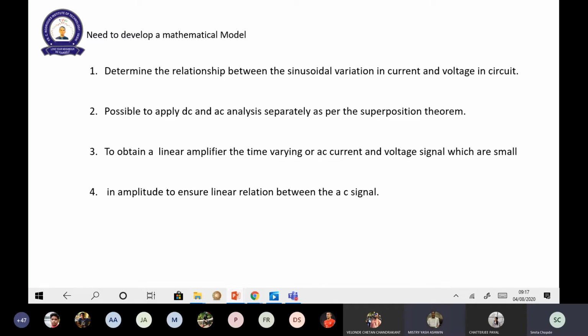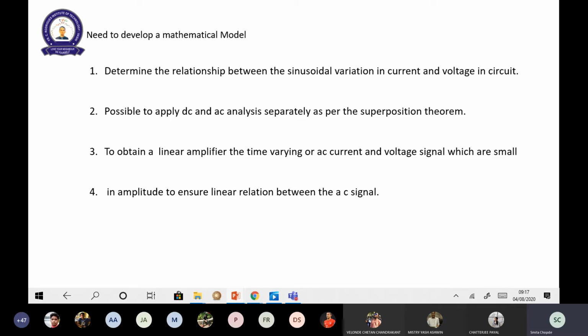Very small, ma'am. Very less, ma'am. Yes, very less means you tell me in terms of some magnitude: milliamperes, amperes, millivolts, volts, like that. Ma'am, the millivolts and milliamperes only. Yeah, correct. So that is how you define your small signal.